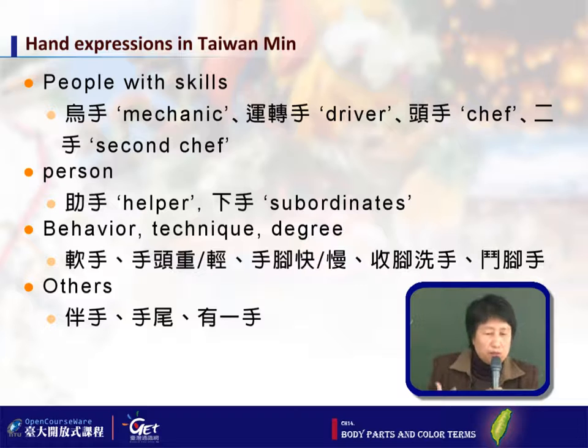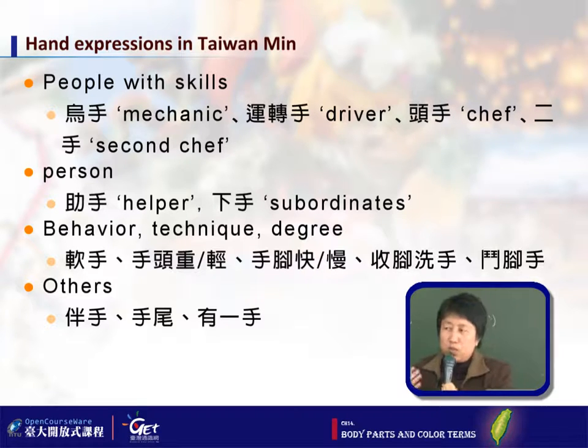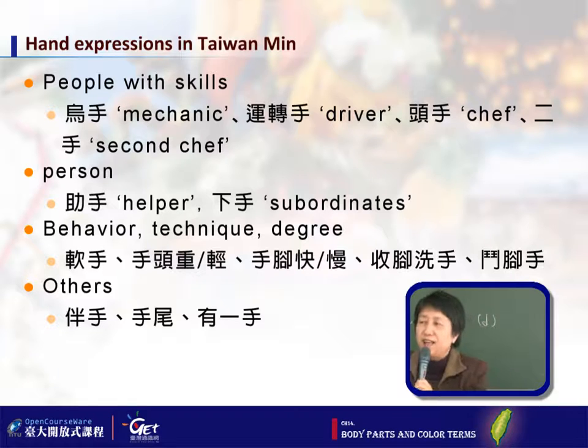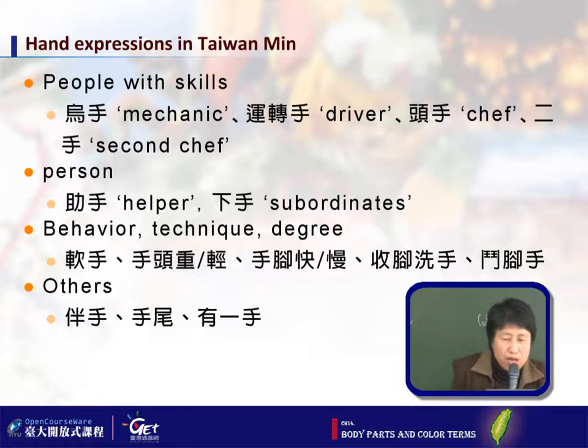Or 运转手, 问讲, have you heard of that? 问讲 refers to the taxi driver. 运 meaning to drive, or to turn wheels. 头手, the first hand, that's the chef, the first chef, and second hand 二手 could be a second chef, and sometimes we say 二手 meaning, like, secondhand things.